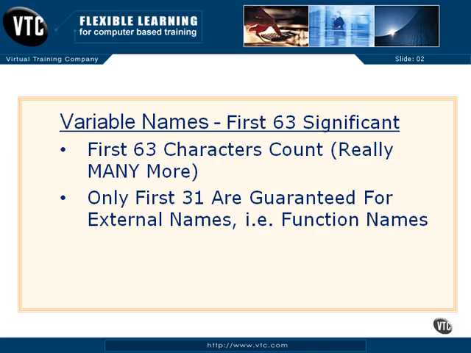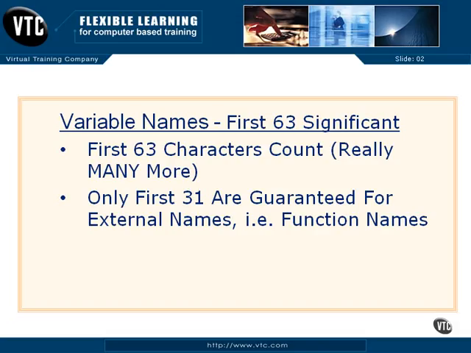In reality, though, today's compilers, for example, the Microsoft C compiler that we're using, will go out 2,048 significant characters. If you have a variable name that is 2,048 characters, you need to start your programming career over again because there are other issues involved. So as far as the standard is concerned, 63 characters count, but there's really many more.